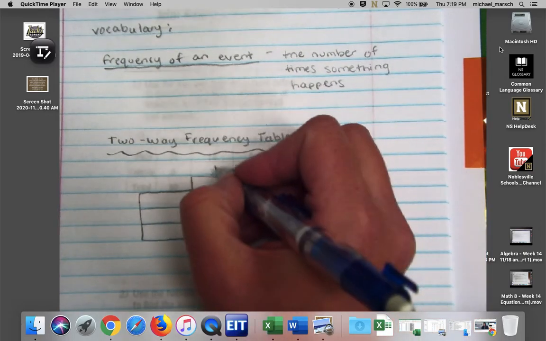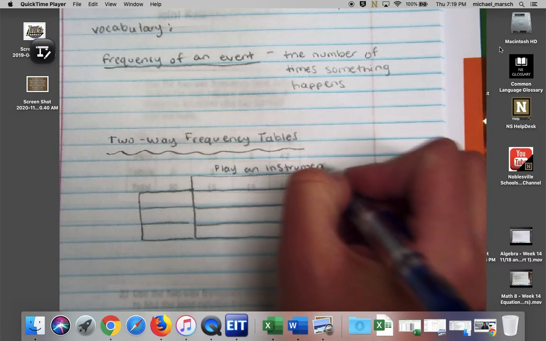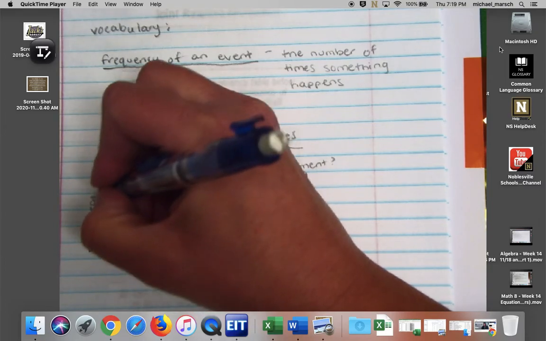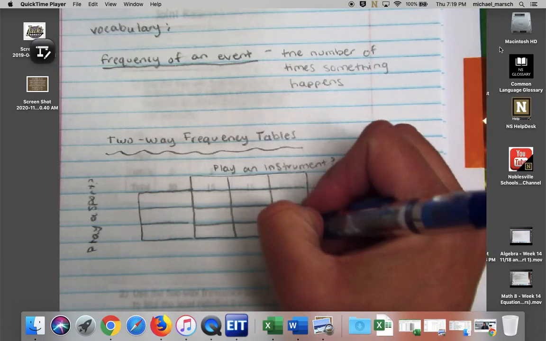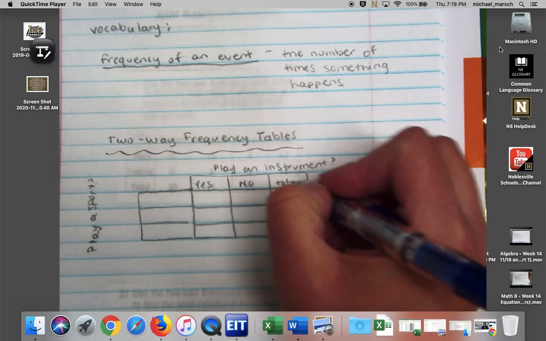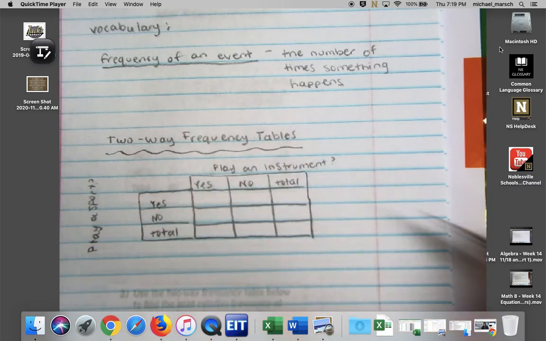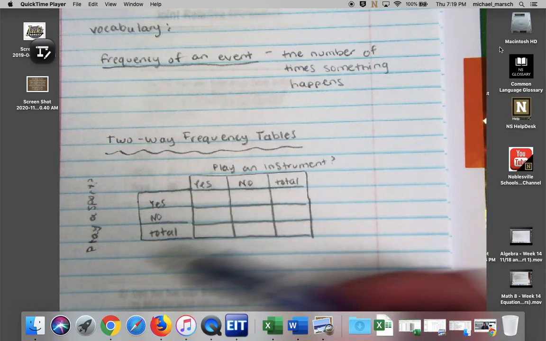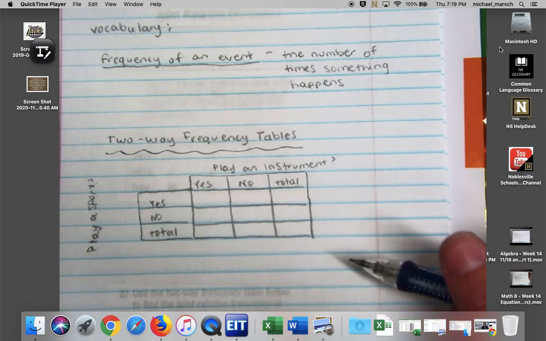We've got play an instrument, play a sport, and then yes, no, total, yes, no, total. The way these work is that you would ask a group of people, do you play an instrument? Do you also play a sport? You'd keep track, and then you would put totals into which category people fell into.